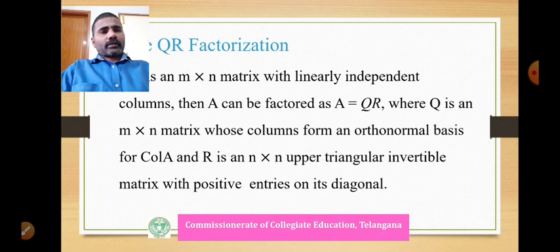Now the QR factorization theorem tells us: A is any matrix of m by n with linearly independent columns.